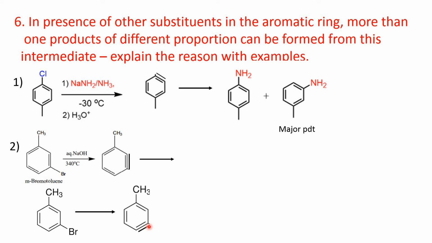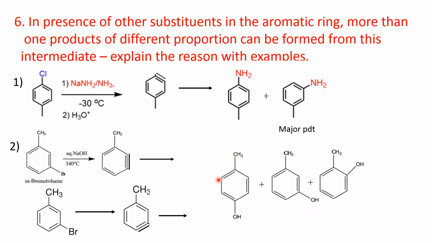So the nucleophile can attack here, it can attack here, and it may attack here also as a minor product. So we will get a combination of all three products, that is ortho-methylphenol, meta-methylphenol and para-methylphenol.